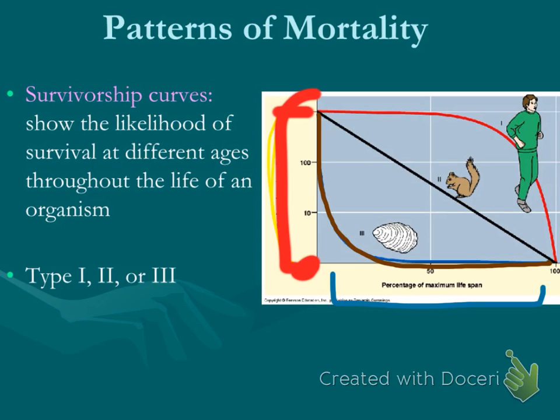What does that curve say? Talk about it at your table. So here's 100% of the population that's born. Here's 50% of life expectancy. What does that curve say? This is the kind of thing that's a good bonus question on a test.